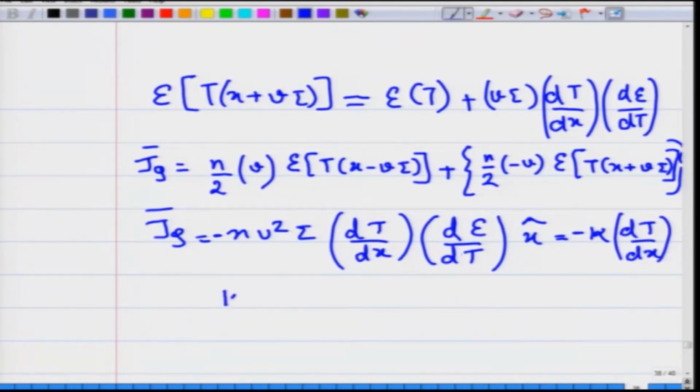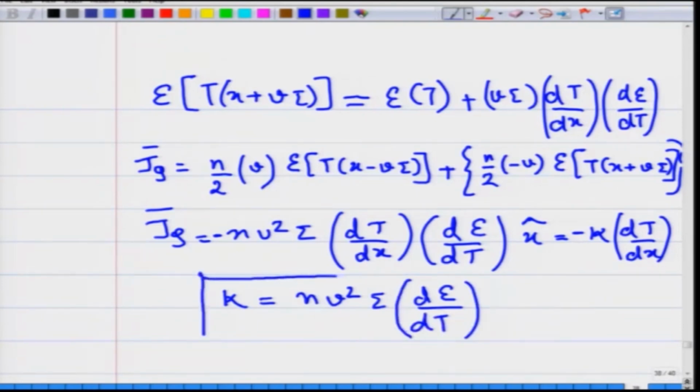And so your thermal conductivity turns out to be n V square tau dE by dT. So, using this Drude's idea, you can get an expression for the thermal conductivity of the metal.